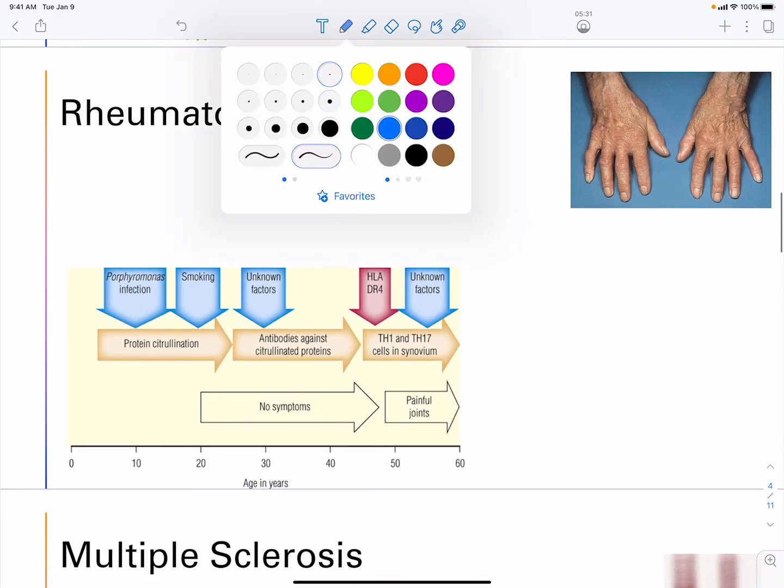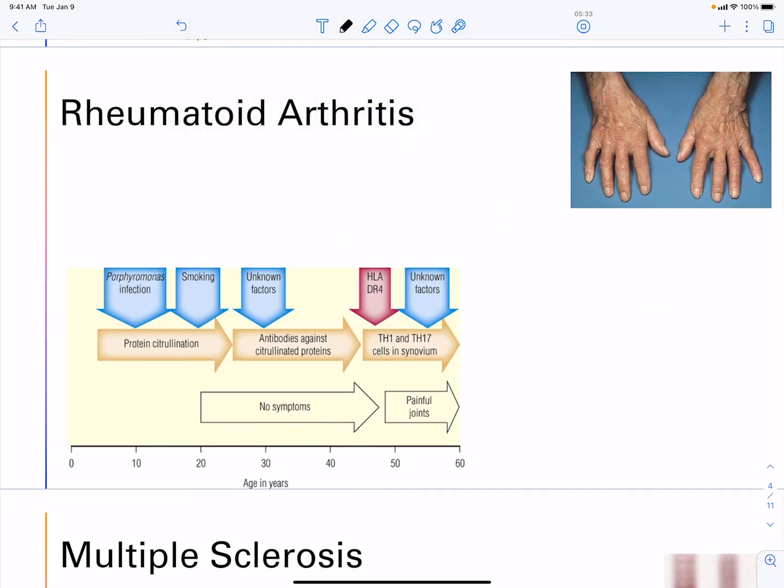So there's also rheumatoid arthritis. This is going to be associated with HLA-DR4. You can treat rheumatoid arthritis by targeting TNF, those monoclonal antibodies. So it's TNF, IL-1, IL-6, acute phase response.